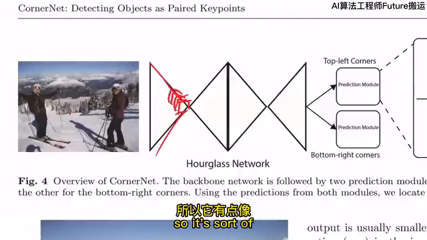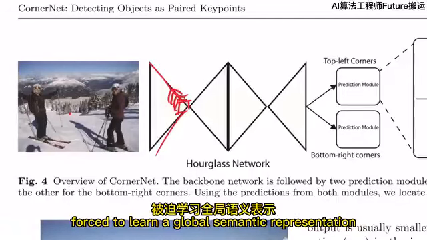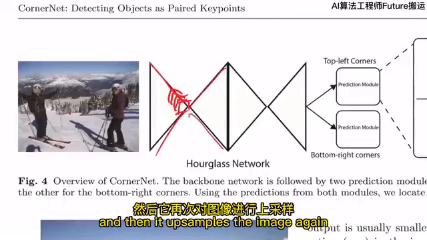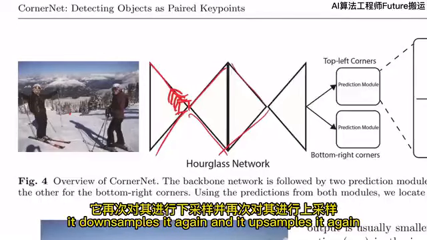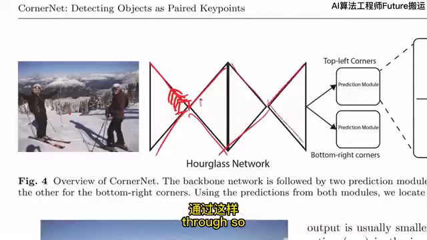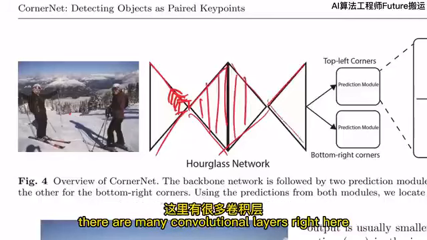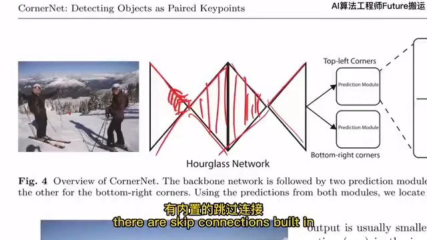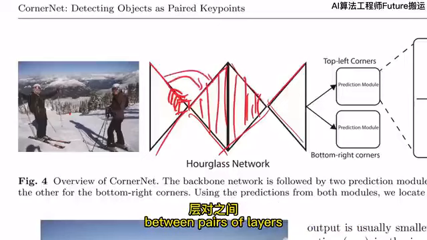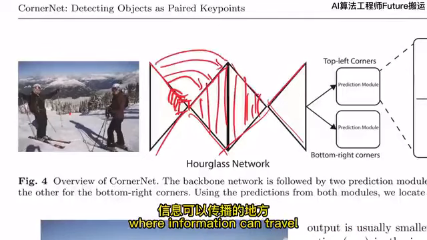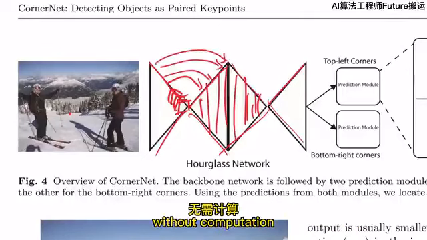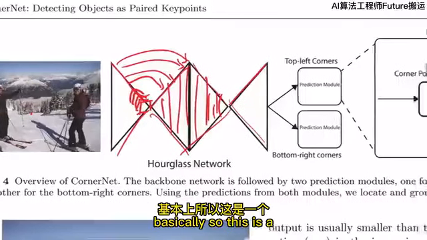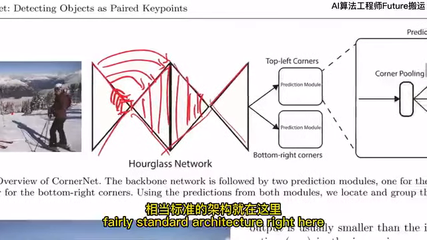So it's forced to learn a global semantic representation, and then it upsamples the image again. It downsamples again, and upsamples again. At each of these steps there are many convolutional layers. Because that would lose too much local spatial information, there are skip connections between pairs of layers where information can travel without computation. So this is a fairly standard architecture.